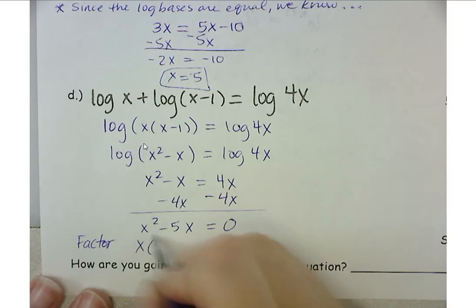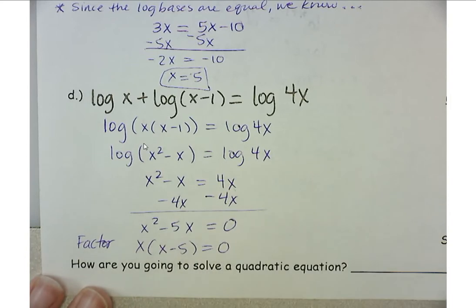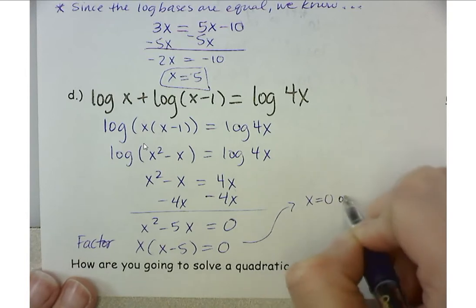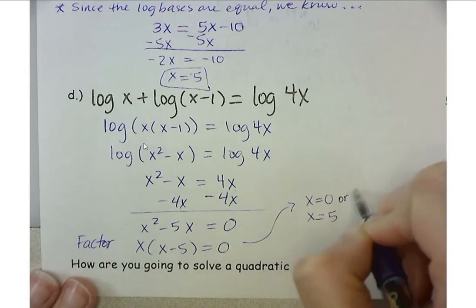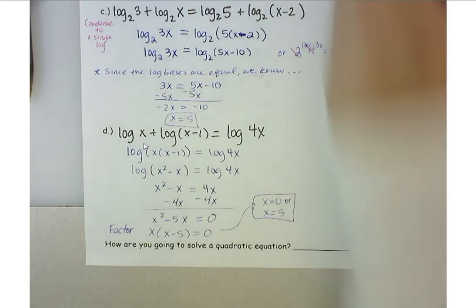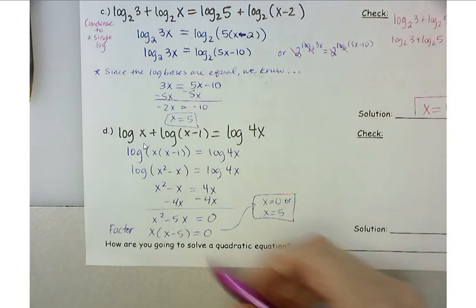This is just a binomial, so if you take out the x, right, you have two solutions. So x equals 0 or x equals 5. So we have to check both of those. If you divide by x, then you're getting rid of your x equals 0 solution.